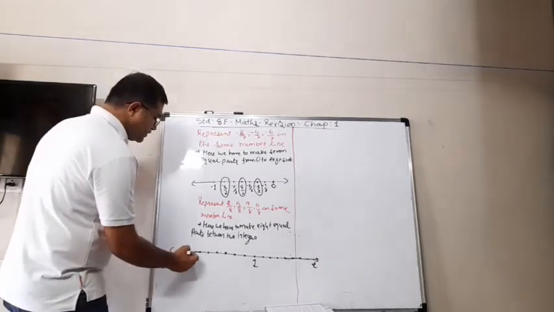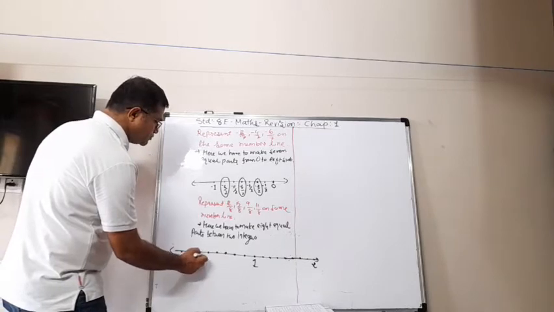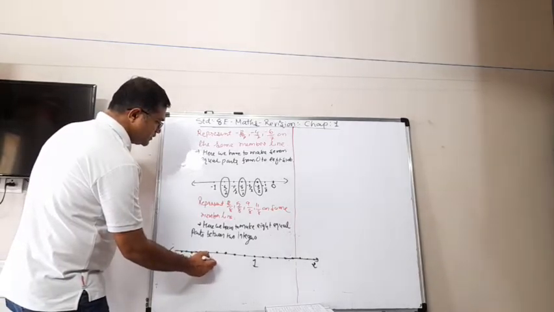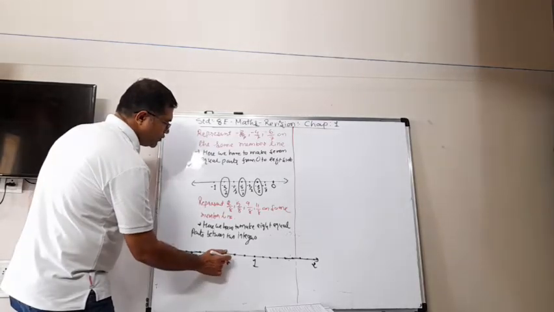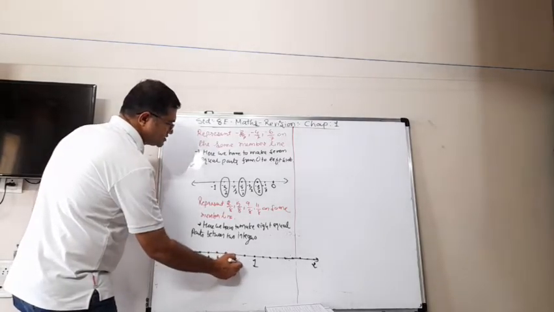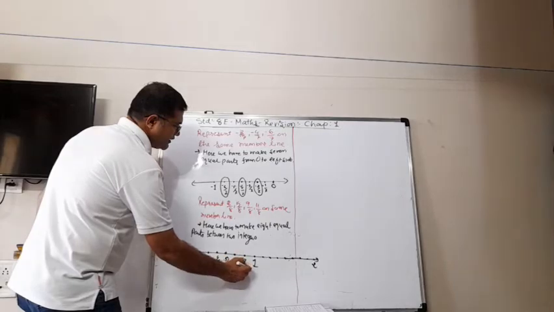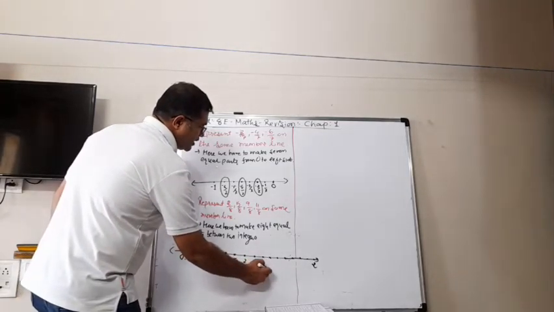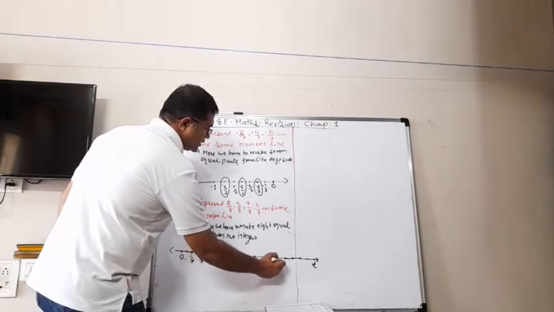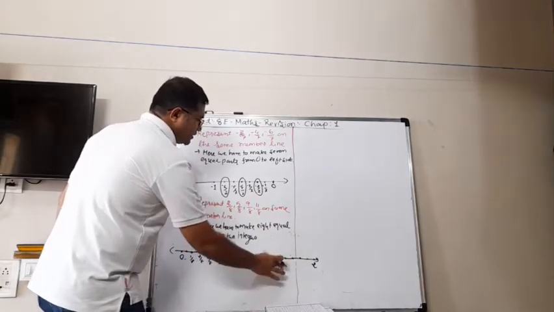So now the numbers will be 1 upon 8, 2 upon 8, 3 upon 8, 4 upon 8, 5 upon 8, 6 upon 8, 7 upon 8 and 1 is the 8 upon 8. So this will be 9 upon 8, 10 upon 8, 11 upon 8 and so on.